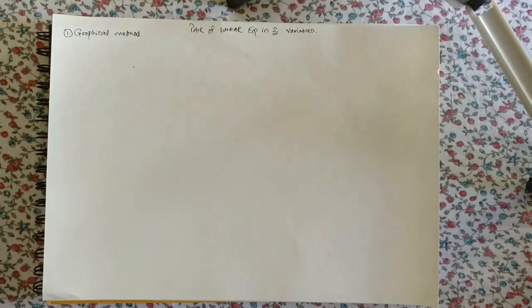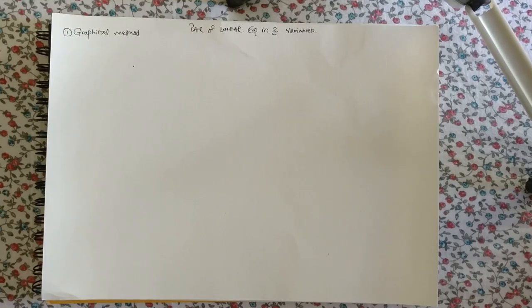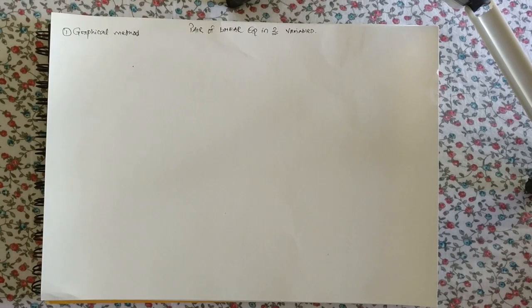In the graphical method we first learned how to plot a graph of a linear equation in two variables on graph paper with the help of a truth table. We assumed three values of x and put them in the equation one by one, and found the corresponding values of y.